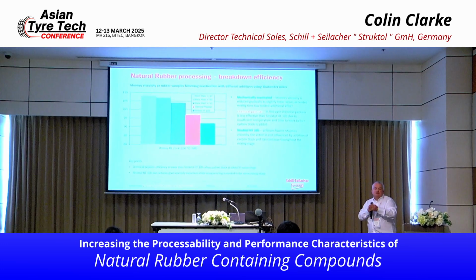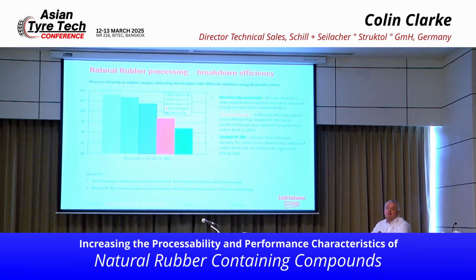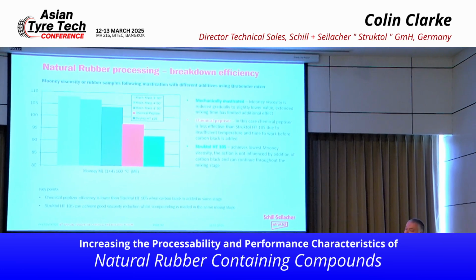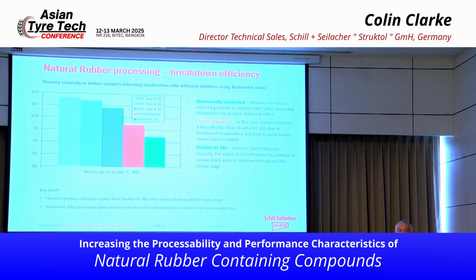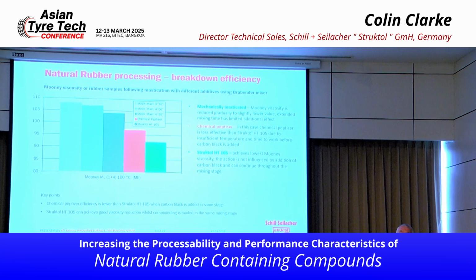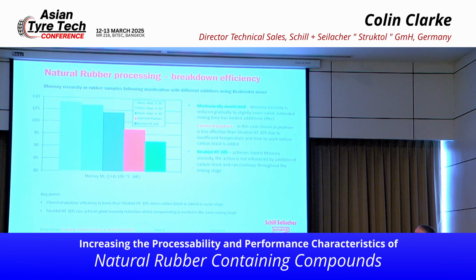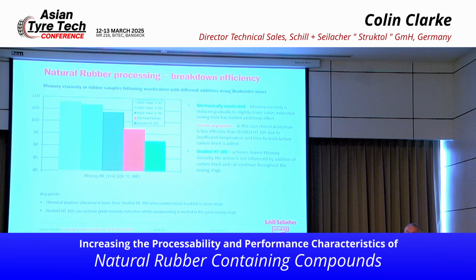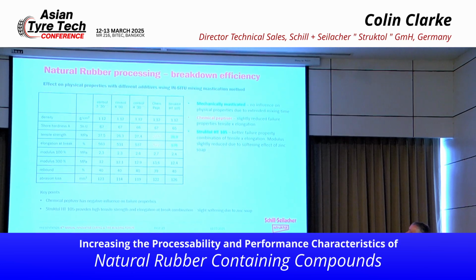We don't have that condition with the new product, so we can continue viscosity reduction. In the first study the Mooneys were the same, now the Mooney is lower, because as soon as carbon black hit the system, it deactivates the conventional chemical peptizer. So now we have better processing because we can control our Mooney viscosity and extend it beyond that, if you like.